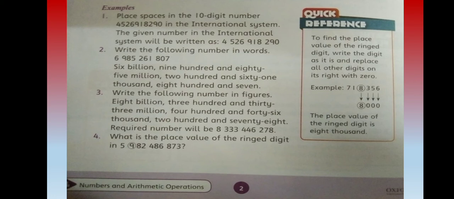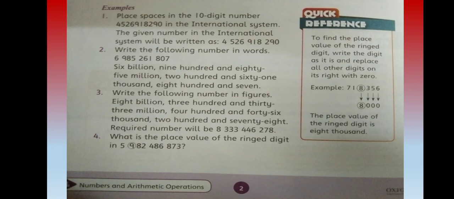Example number 4 is, what is the place value of the ringed digit in this number? 9 is the ringed digit, encircled by a ring. So we have to tell its place value in the place value chart. There is a quick reference given on the right side: to find the place value of the ringed digit, write the digit as it is and replace all other digits on its right side with 0. So we will count how many digits are on the right side of 9.